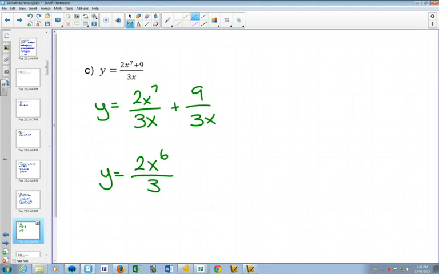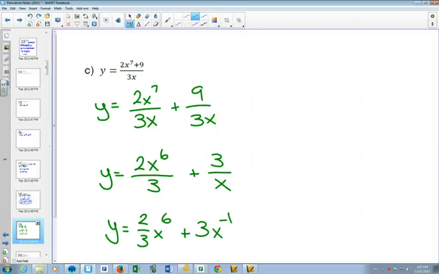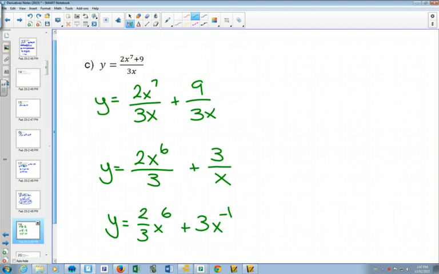And the second one could simplify to be 3 over x. Now I'm going to just take the time to write all of my x's in the numerators with exponents, so then we can apply our rules and we can find our derivative.